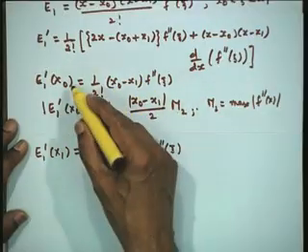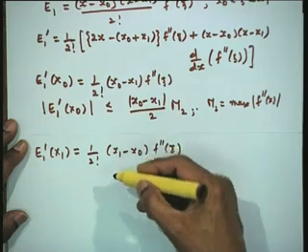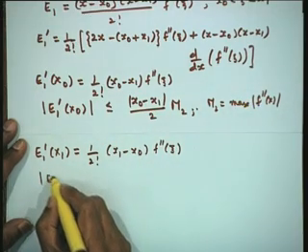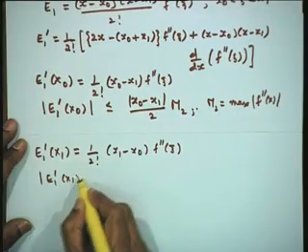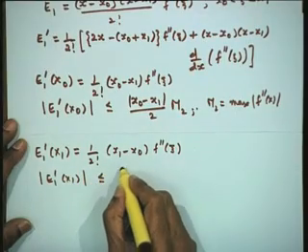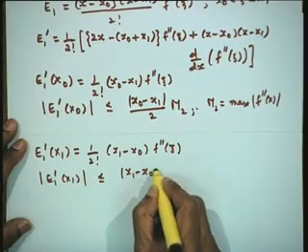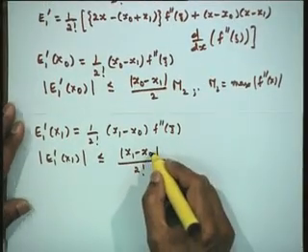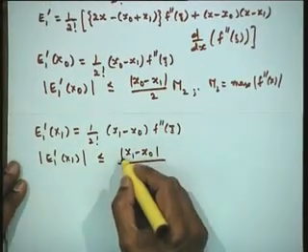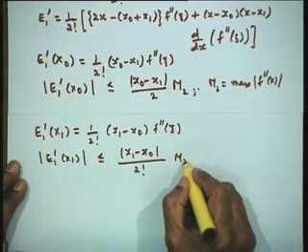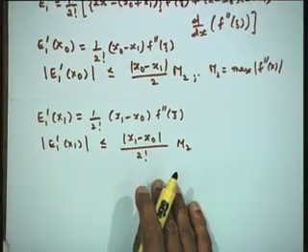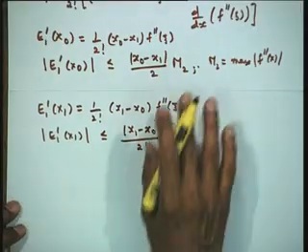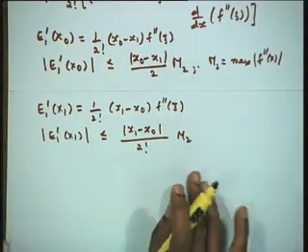Therefore, the slope of the error is of opposite sign, but its magnitude is the same. So, the magnitude of this is less than or equal to x 1 minus x naught. We need not write the magnitude because x 1 is greater than x naught, so we can write x 1 minus x naught into m 2. Therefore, it is possible for us to find exactly what the error is.